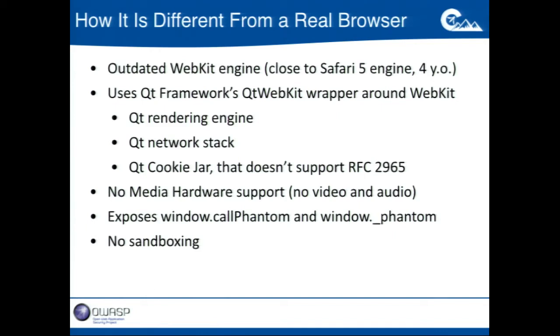So somebody should do that for Phantom, and Phantom is based on the Qt framework, and actually the Qt WebKit wrapper around WebKit. So Phantom is basically using Qt's network stack, cookie jar, and lots of other stuff, like font generation and font handling. And that would be the difference pretty much between Phantom and the real browser, and we'll try to catch those differences.